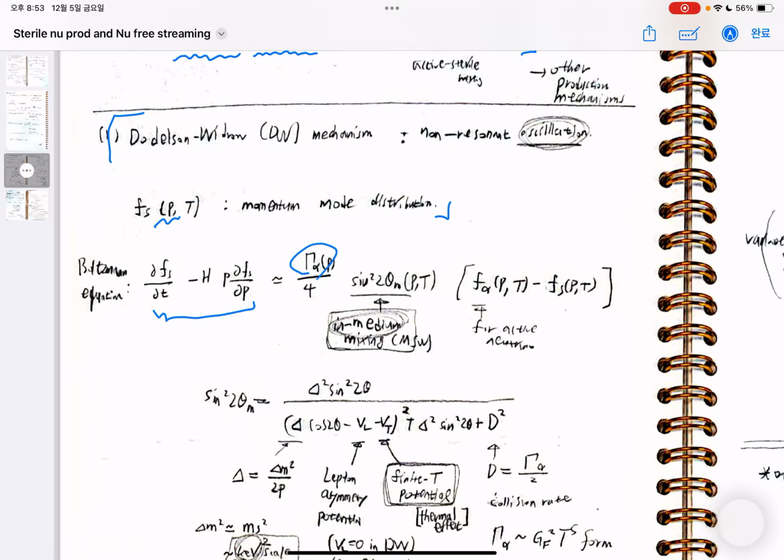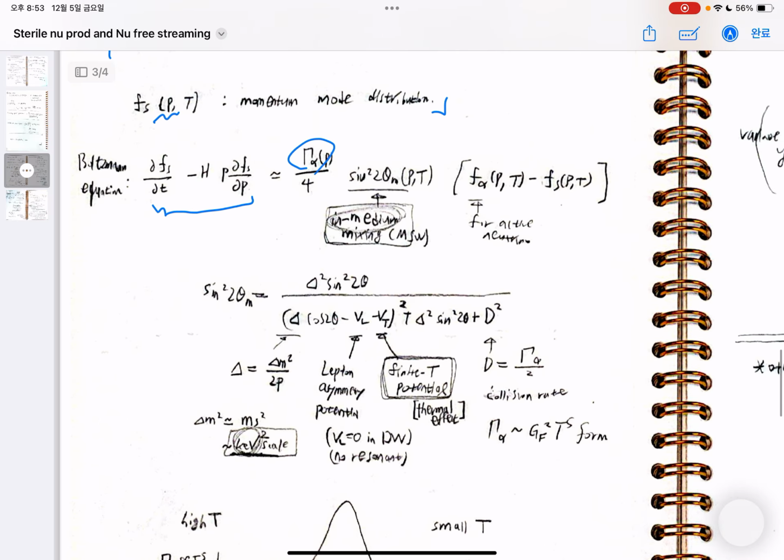The sterile neutrinos propagate in the medium, so the potential contributions will be added in the mixing angle. This sin squared 2 theta is the mixing angle in the vacuum, and we need to add the potential contribution. V_T is the contribution from the finite temperature, and V_L is the lepton asymmetry.